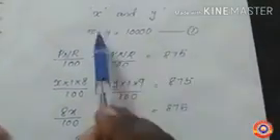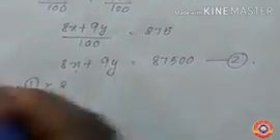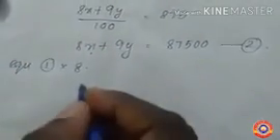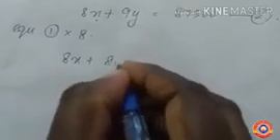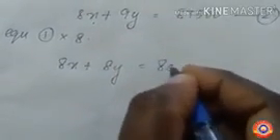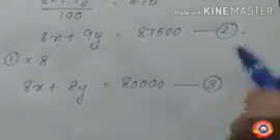In equation 1, it is x plus y, and in equation 2, it is 8x plus 9y. So first we have to convert one of the variable terms in equation 1 to be the same as in equation 2. So I multiply equation 1 by 8. So it becomes 8x plus 8y equal to 80,000. And put this equation as 3.